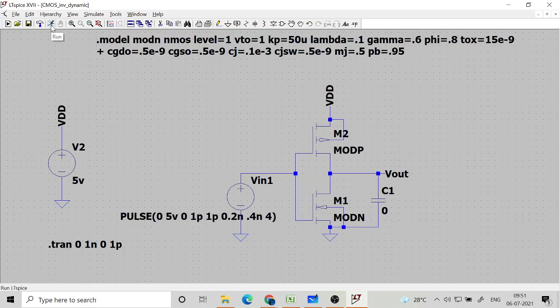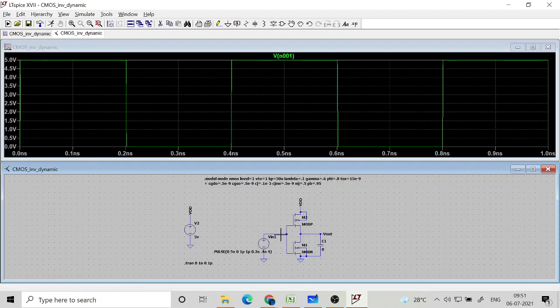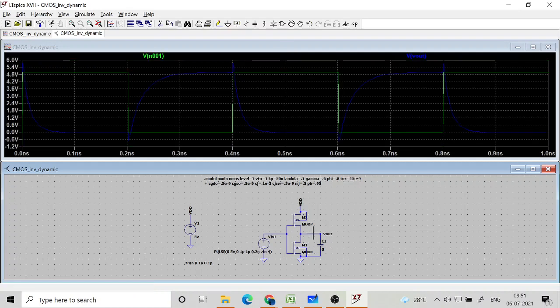This is something similar we have already seen. If you look at the input, it's just a square wave. It is plotting from 0 to 1 nanosecond, and roughly you can see there are 2.5 cycles. Now let's look at the output. Remember we kept W/L the same for both the NMOS and PMOS transistors, but the design that we will vary is Wn and Wp.